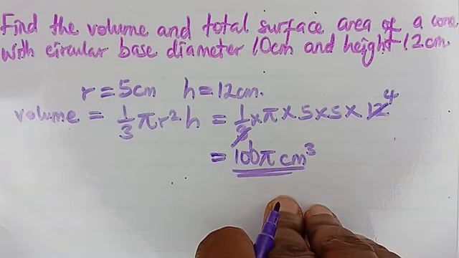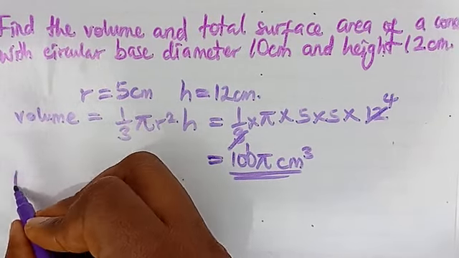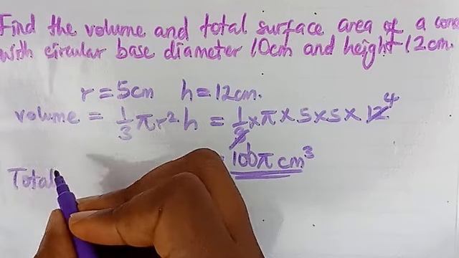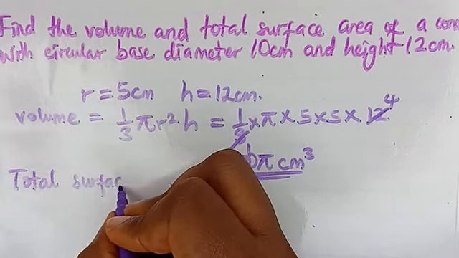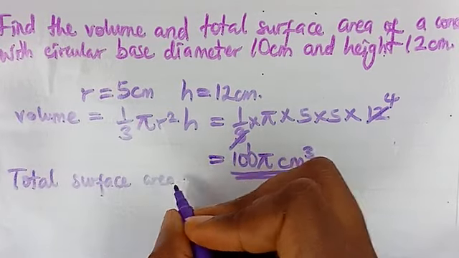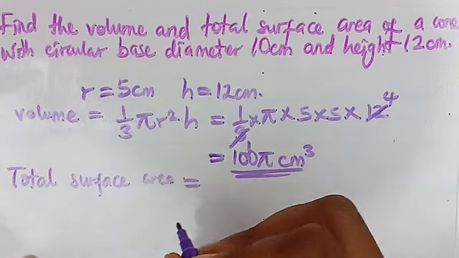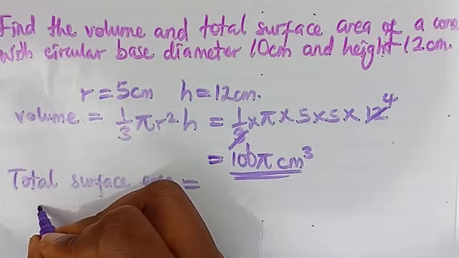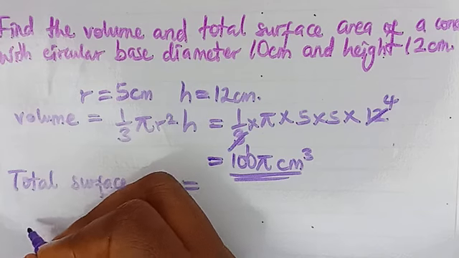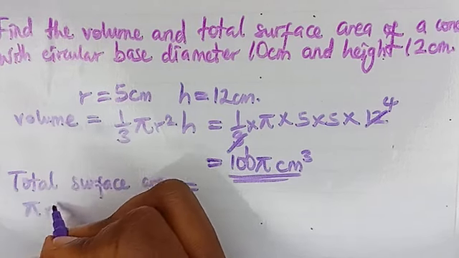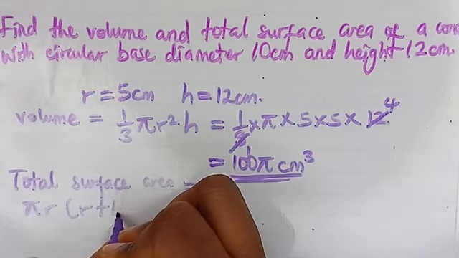Now the total surface area. For that, we have the total surface area of a cone is pi r (r plus L).